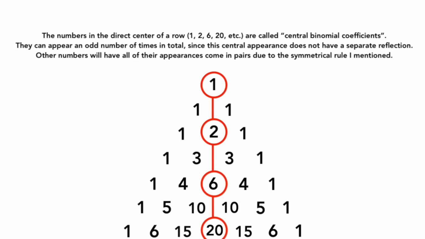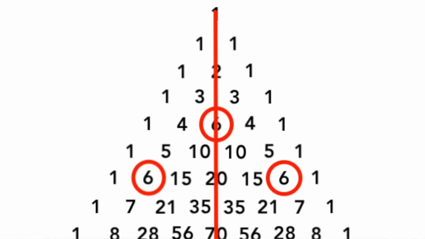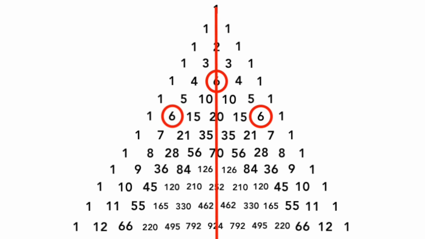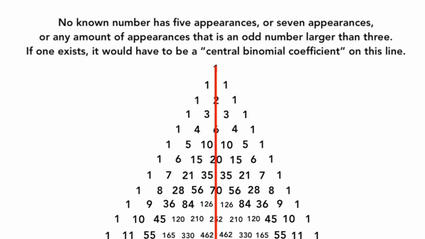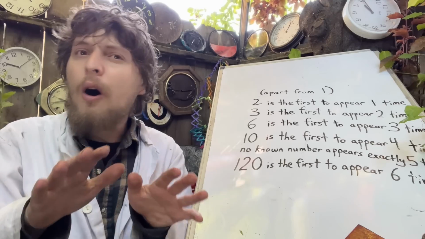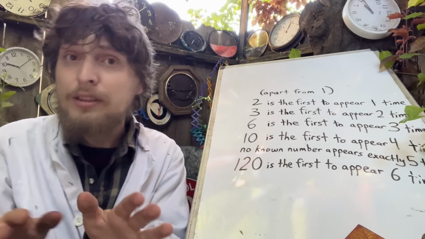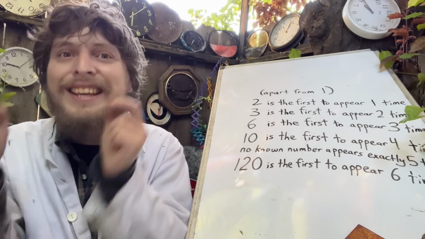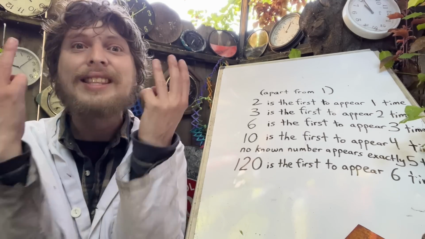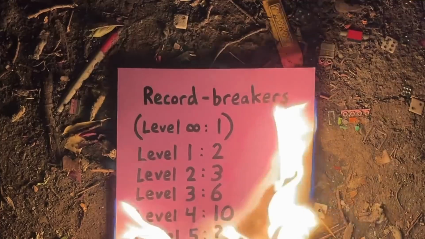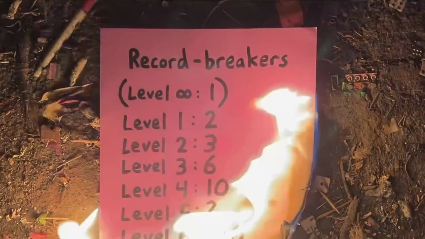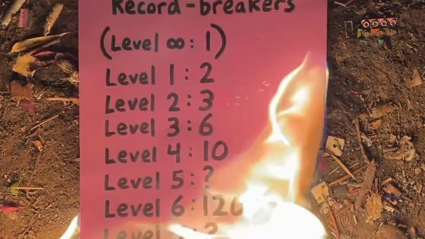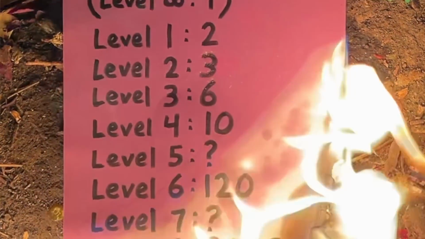All central binomial coefficients that are 6 or larger will appear 3 or more times, but none are known that appear more than 3 times. All known numbers that appear more than 3 times have an even number of appearances that come in a symmetrical way. So after ones that appear 4 times, we get to the numbers that appear 6 times.